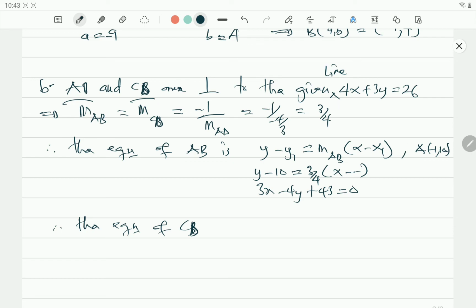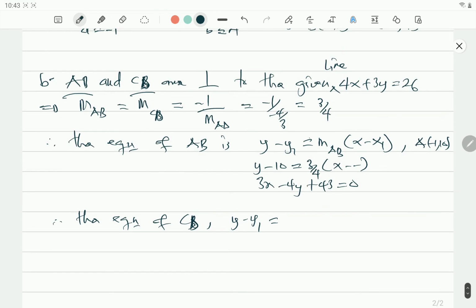So the equation of the line CD is y minus y1 equal to m times x minus x1, and we can use either C or D, but we will stick to just the C point, which was (3, 4), right?